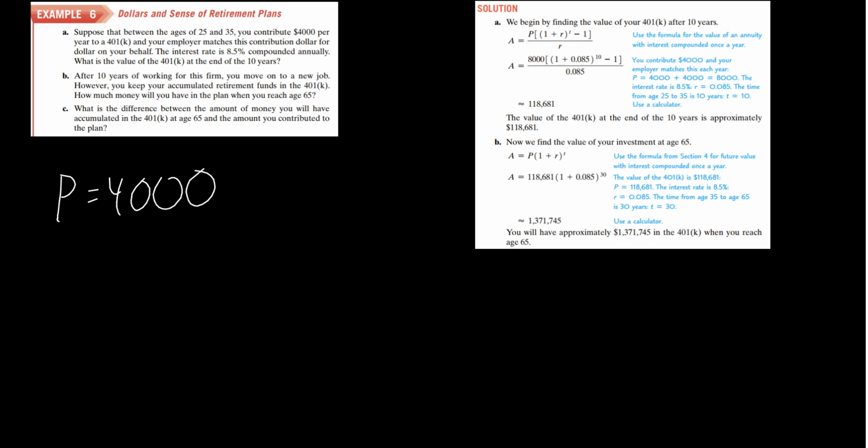Because if we continue, it says, and your employer matches this contribution dollar for dollar. So it's actually going to be $8,000, because $8,000 is being put into this 401k.